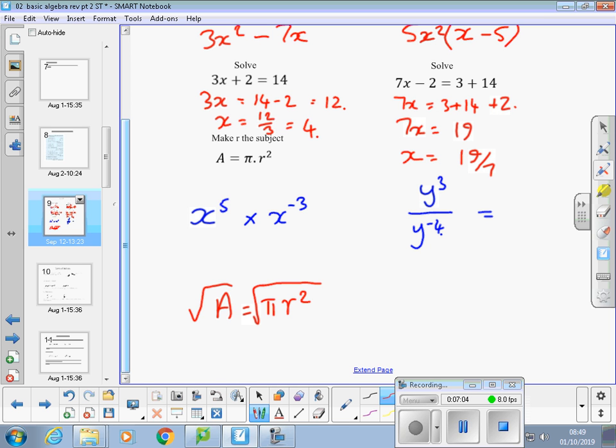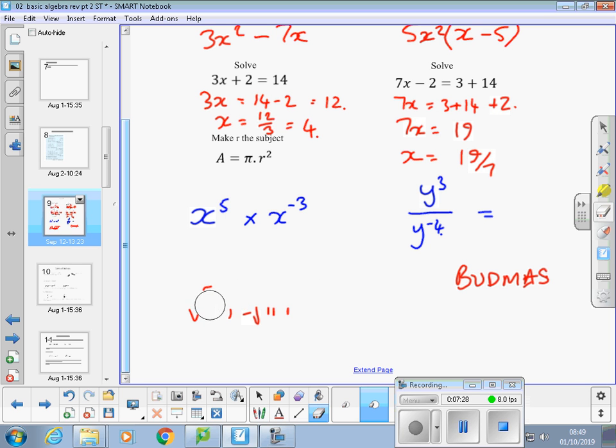Remember what we've got. I said we have to work in reverse. So we've got no addition and subtraction, but we've got division and multiplication in terms of this pi times R squared.